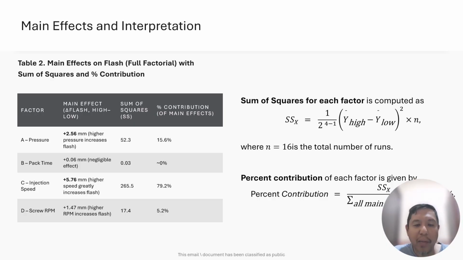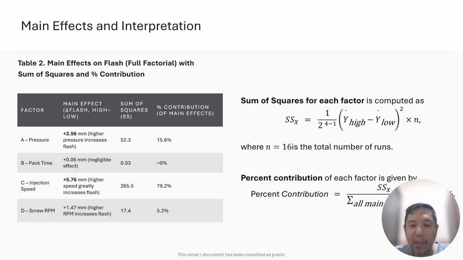Pressure A had about a 2.56 millimeter effect, meaning high pressure caused roughly 2.56 millimeters more flash than low pressure on average. Speed C had a huge effect as well, at plus 0.57 millimeters. All right, so that's high injection speed really increases flash a lot.